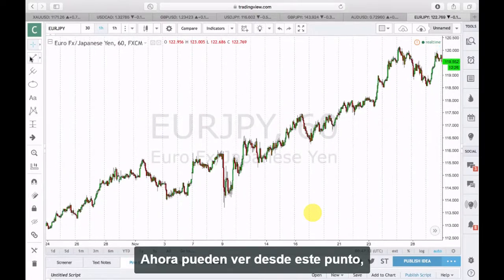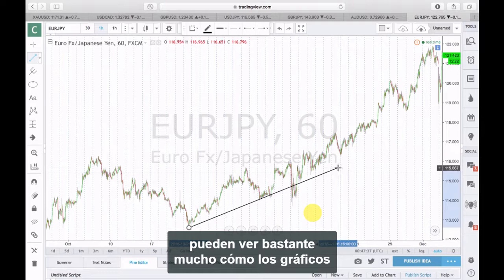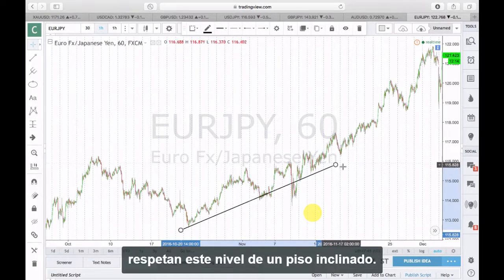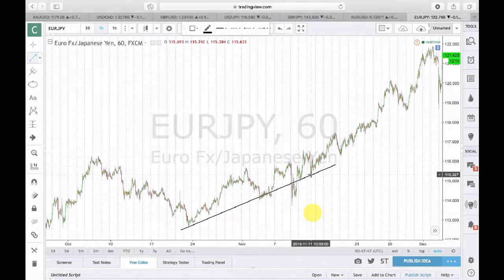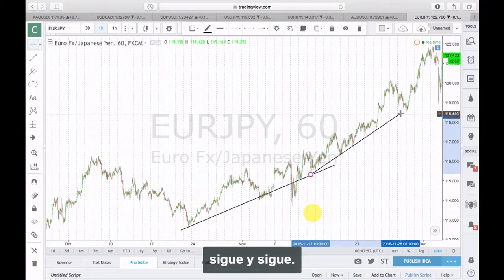Now you can see from this point, I'm going to zoom out on this one. You could pretty much watch how the charts respect this level of a slanted floor. You see it time and time again. It continues and continues.